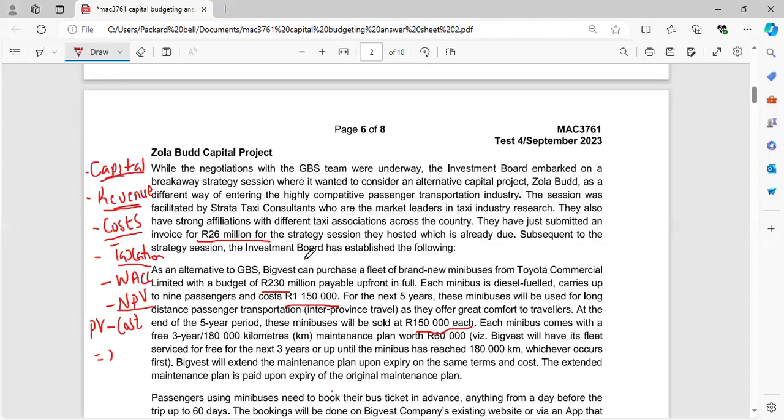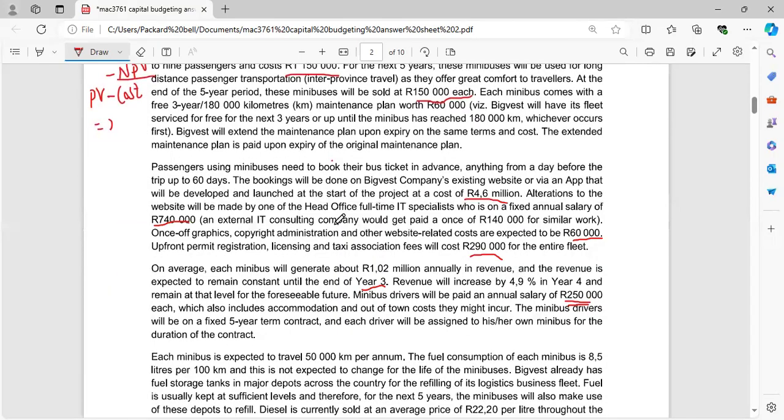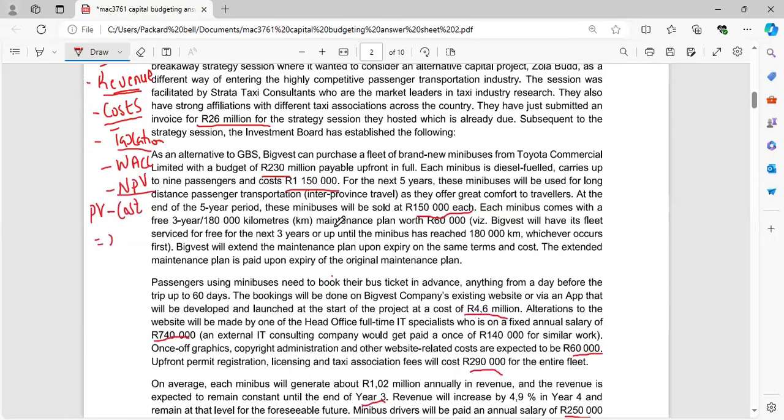So what are we going to do with them? 26 million. What is this 26 million going to be? This consultation fee? Are we all there?